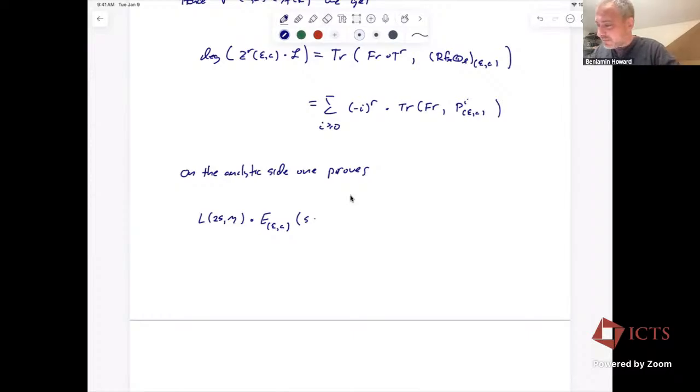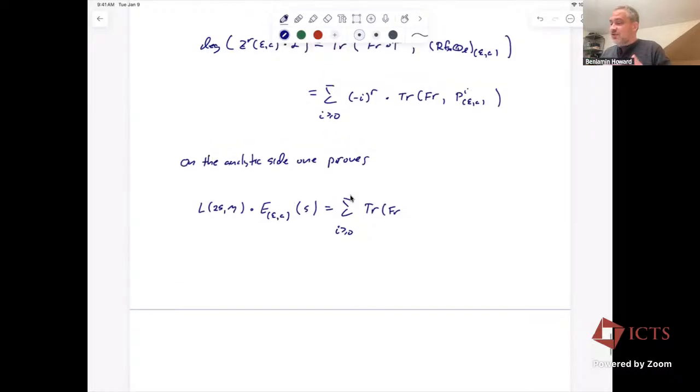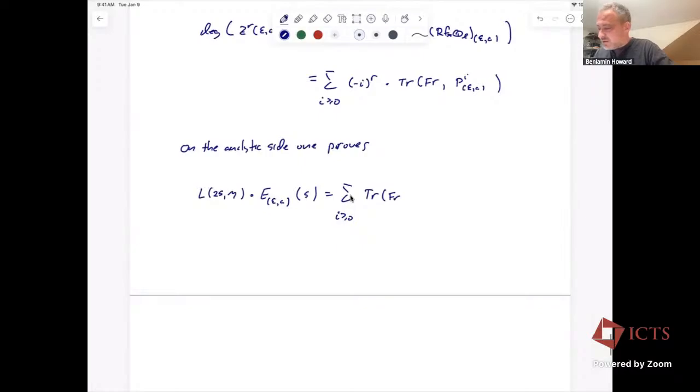That'll come later. Actually, I do want to put it here. This should be the sum over i of the trace of Frobenius. So the left-hand side is some polynomial in q to the minus s, and these sheaves should be encoding the coefficients of that polynomial.